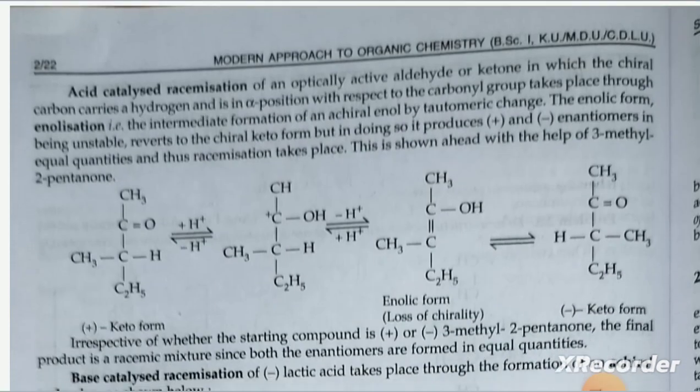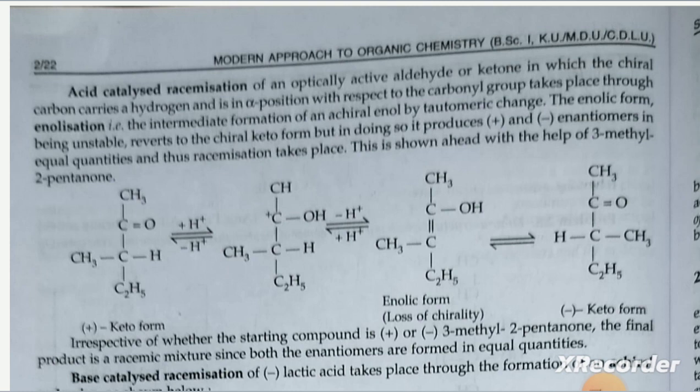Acid catalyzed racemization of an optically active aldehyde or ketone, in which the chiral carbon carries a hydrogen and is in alpha position with respect to the carbonyl group, takes place through enolization. It means the intermediate formation of an achiral enol by tautomeric change.